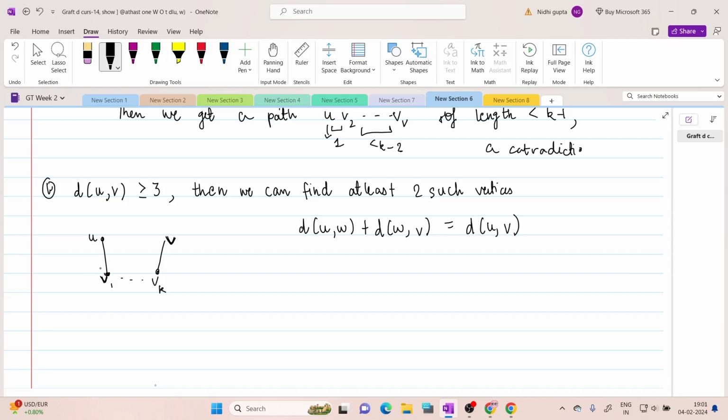So the first vertex is v1 only. We have already shown we can take w to be v1 from the previous question, because if duv is greater than or equal to 2, we have shown it, right? We can take w to be v1. So now if we fix the value of V1, that V1 is always there.